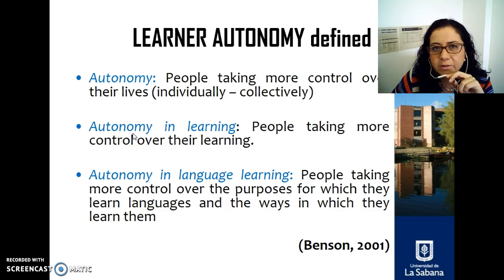On the second level, he suggests that autonomy in learning is people taking more control over their learning. So in the first one, it would be situations in personal domains, but in the second one, we're talking about more educational settings. Autonomy in language learning for Benson is people taking more control over the purposes for which they learn languages and the ways in which they learn them.